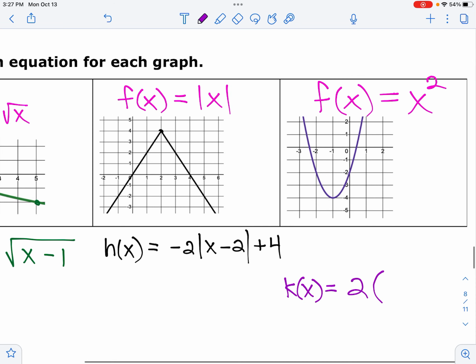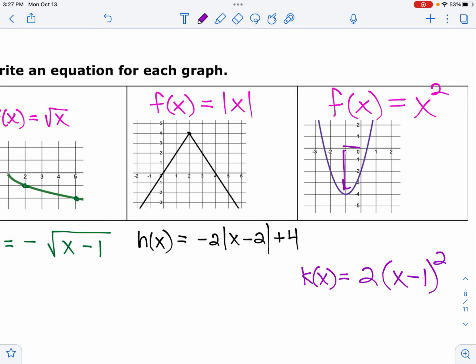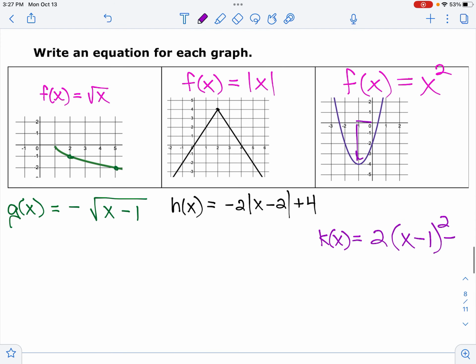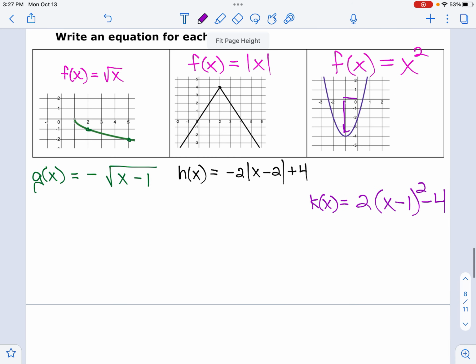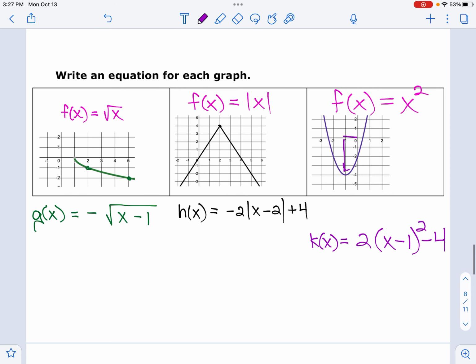Okay, and then the vertex has been moved to the left 1 and down 4. So x minus 1 squared, and then minus 4. Don't forget the squared, it's easy to forget that on the quadratic. Okay, there we've just written some equations for some graphs.